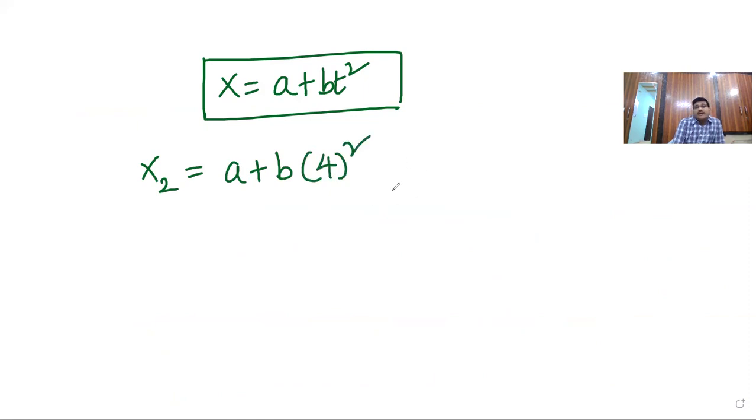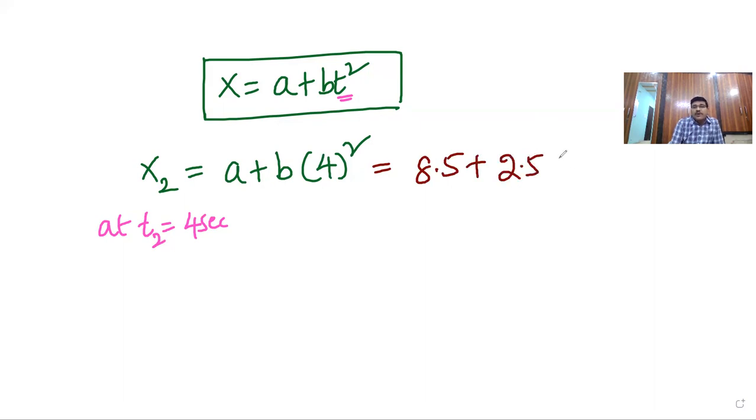Here I clearly write x2 at t2, and t2 is 4 seconds, so in place of t, I put 4 seconds. A is given as 8.5 meters, plus b is 2.5, and 4 square is 16.